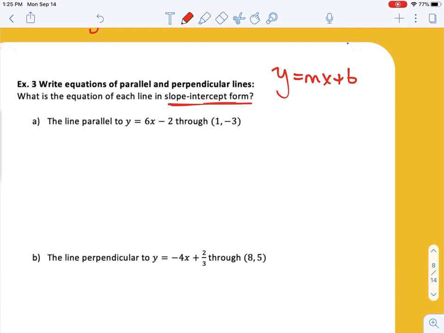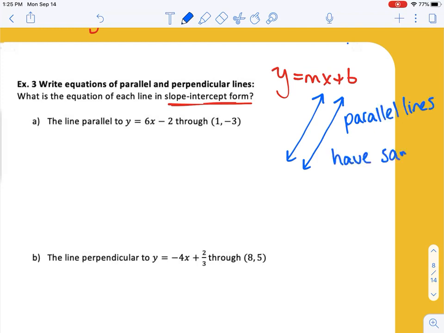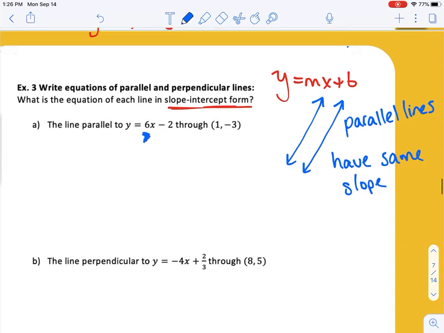So if we want a slope parallel, parallel lines have the same slope. So in this case, our slope is 6. That means our parallel line will also have a slope of 6.